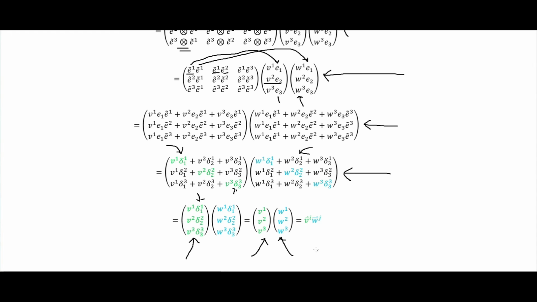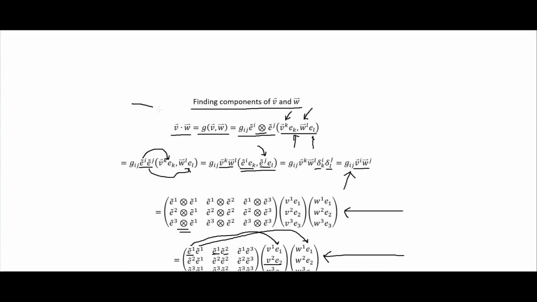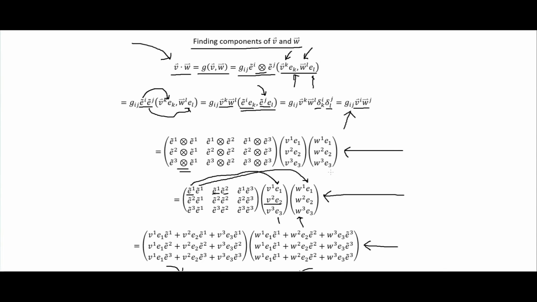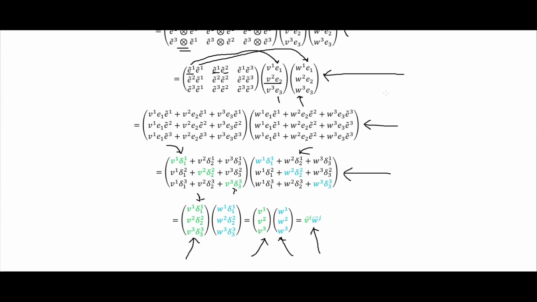And so those are the components of our vectors, V and W. And so that is how the metric tensor can be used to find the components of our vectors.